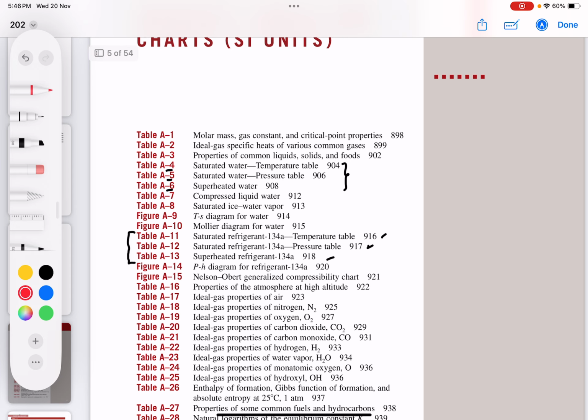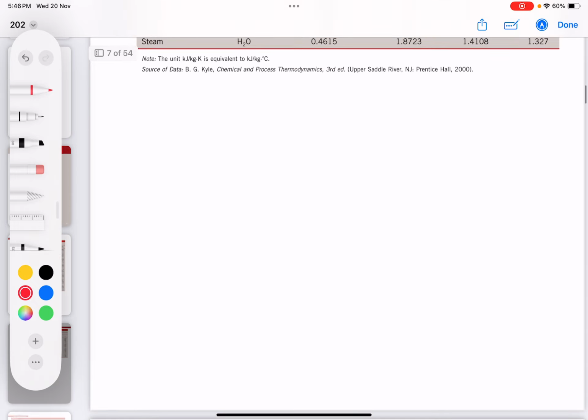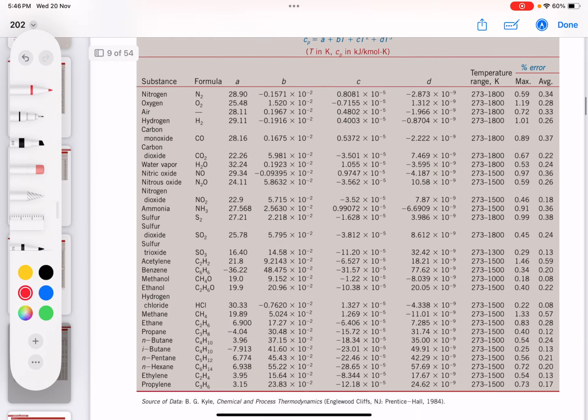As I said before, in the previous example we used water, so we can use tables A4 to A6 to find the properties of water. But for this question, the working fluid is refrigerant 134a. Therefore, I have to use tables A11, A12 and A13 to get the other properties. So I'm going to scroll down to table A11.